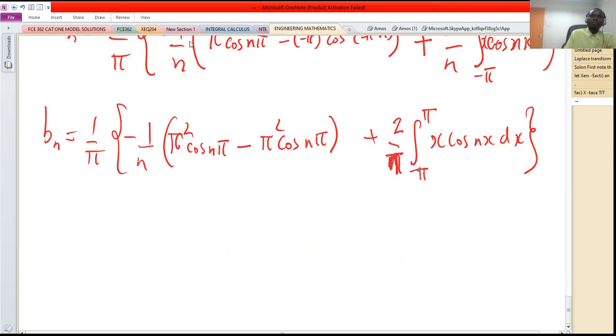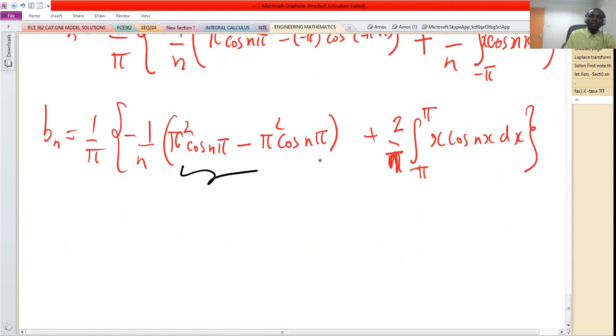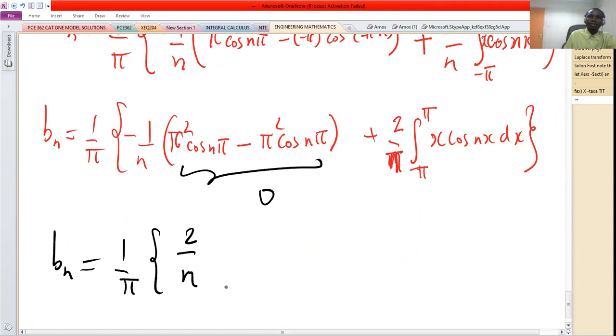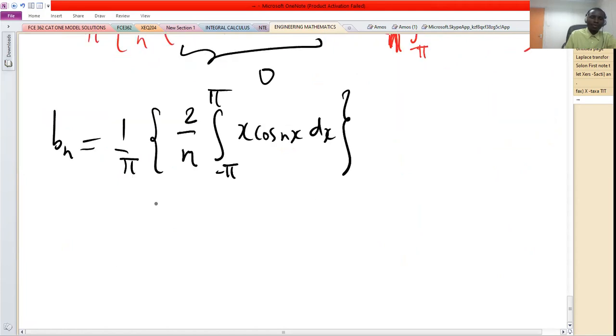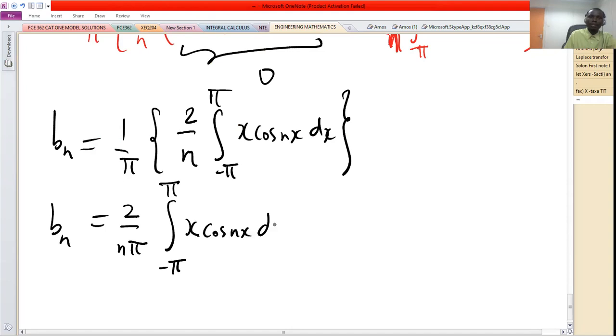So clearly you can see that this part will give us 0, so that bn is 1 over pi into 2 over n integral from minus pi to pi of x cosine nx dx. So which can be written as bn is 2 over n pi integral from minus pi to pi of x cosine nx dx.